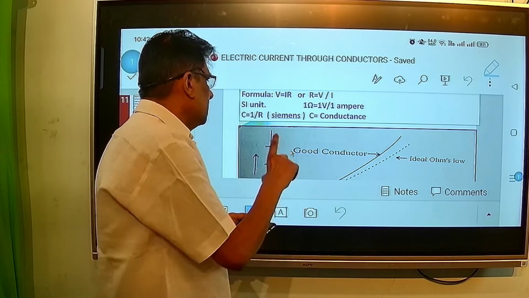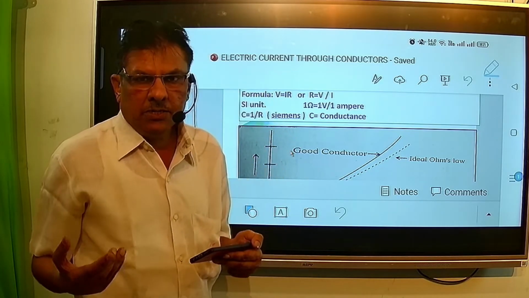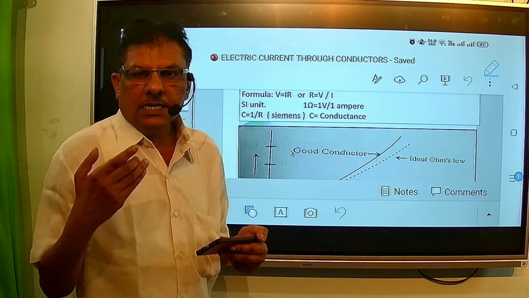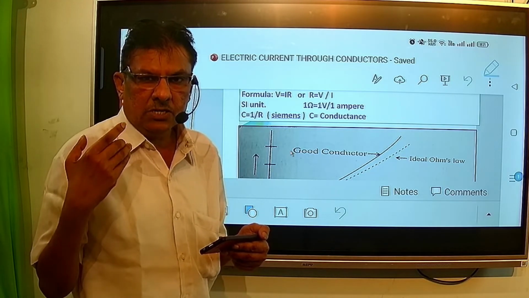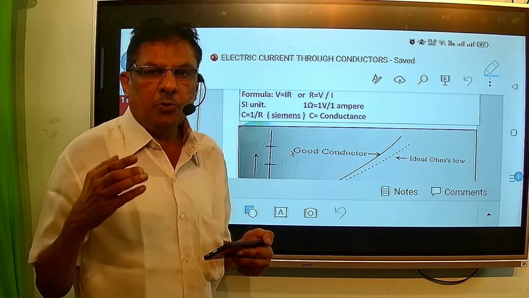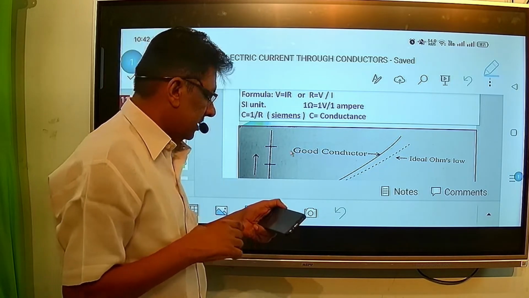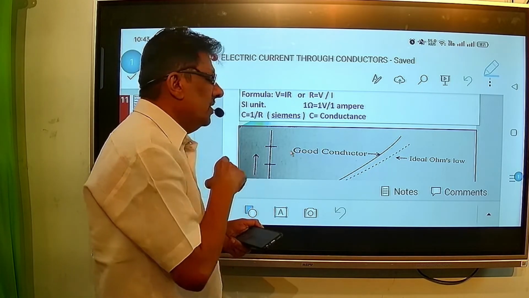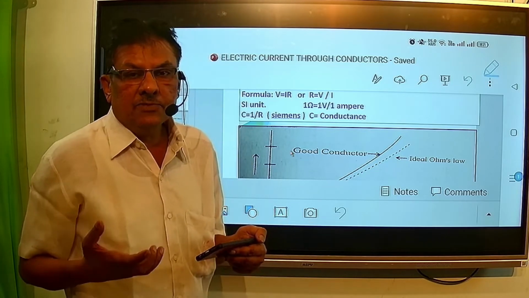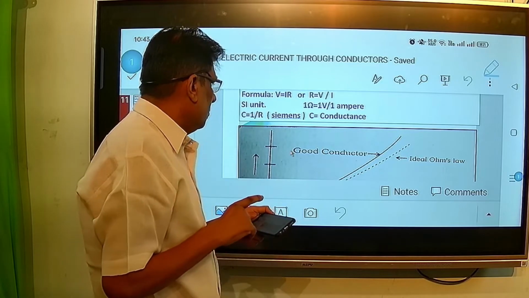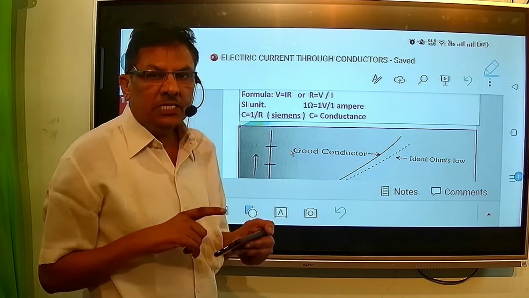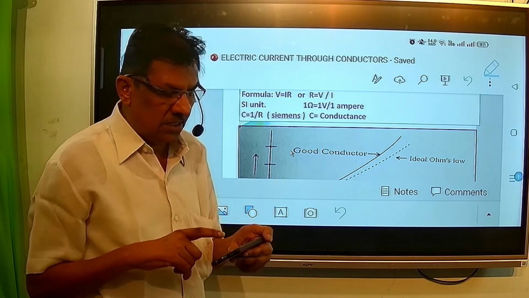So hence we have found by Ohm that there is a resistance in the material through which the current is going to flow when we apply the potential difference across that material. When we want it in terms of conductance, we have to take the reciprocal, and the unit is called the Siemens.